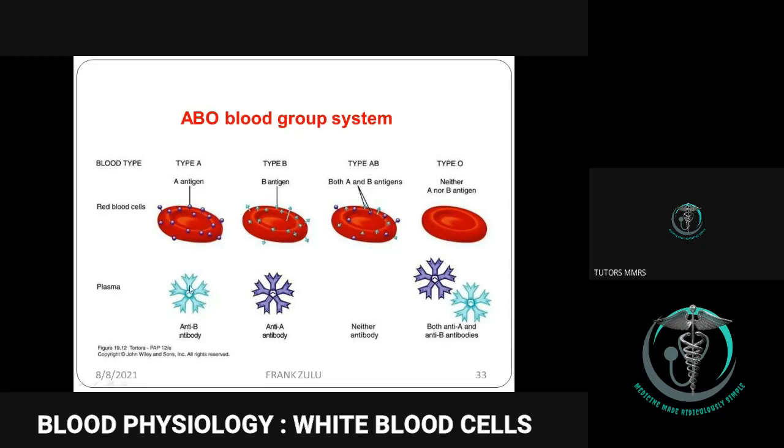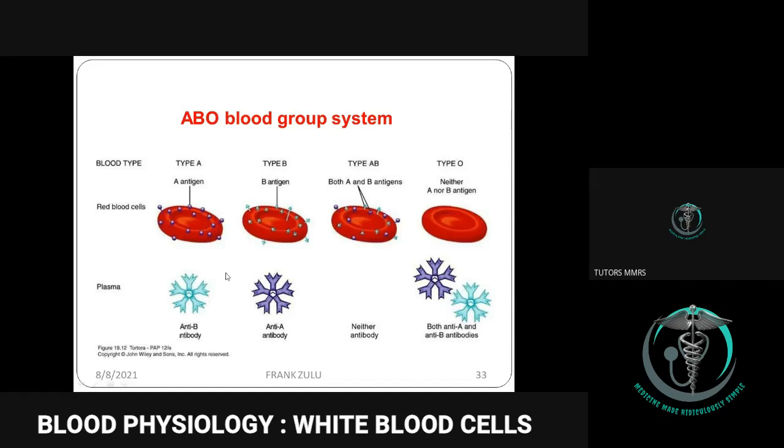But remember, you have these surface antigens on the red blood cells, and remember we split blood into 2 components: the red cells and the plasma, the fluid component of blood. In the fluid component, you're going to have your anti-A and your anti-B. Group O does not have any antibodies present, and group AB has neither anti-A nor anti-B.